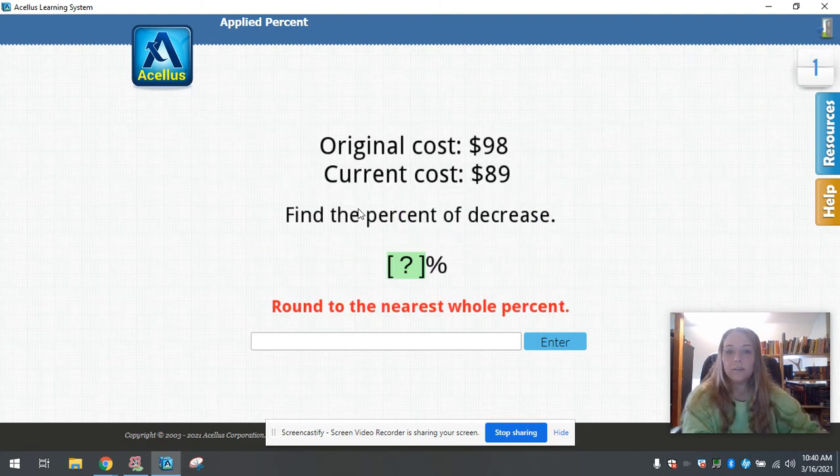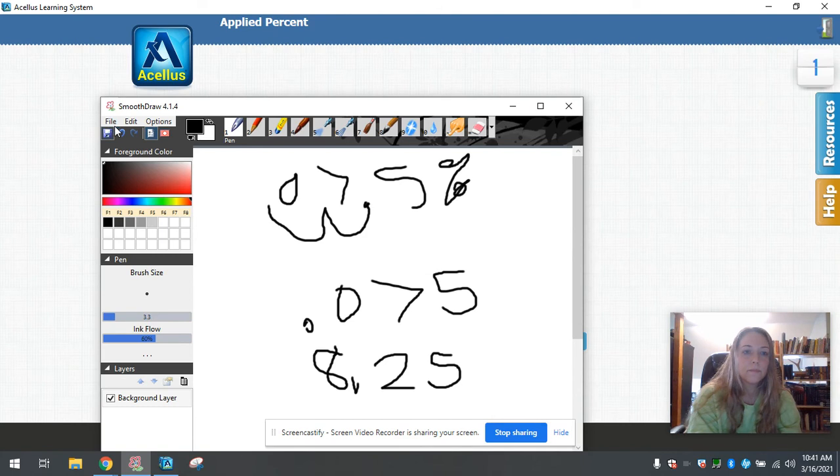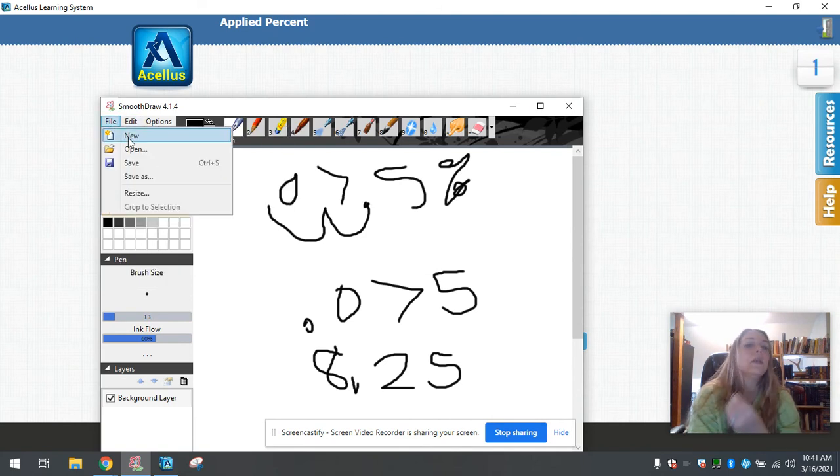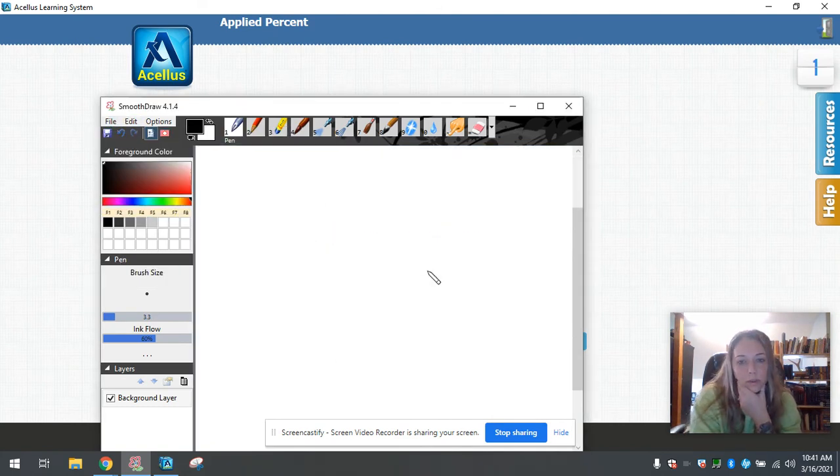Now we're going to apply the formula. We're going to find the difference, and then we don't know the percent, so we're going to put a variable times the original cost. The difference between 98 and 89 is 9. You could go 98 minus 89 in your calculator, and that's what you would get. Difference means the answer to a subtraction problem.